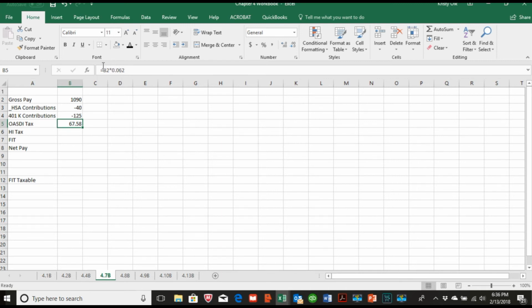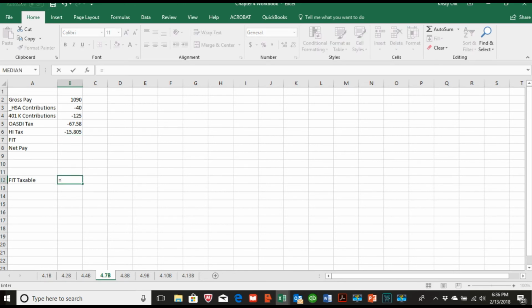And then for HI, it's 0.0145 that is also fully taxable. We need to determine how much is FIT taxable.